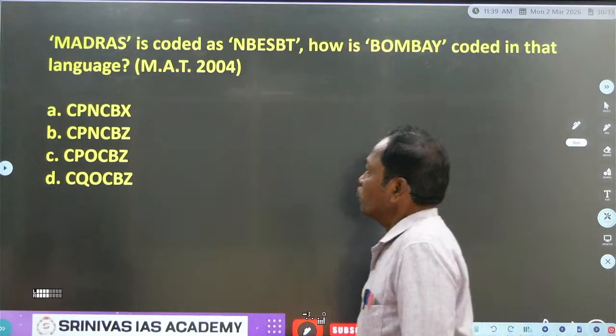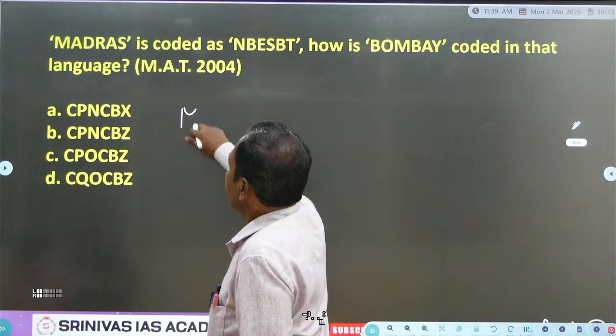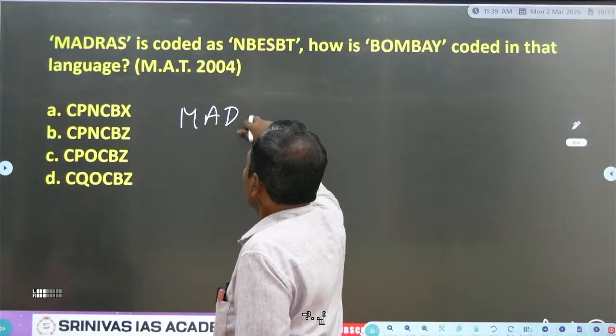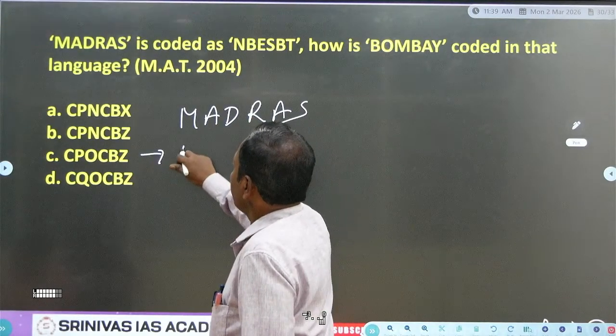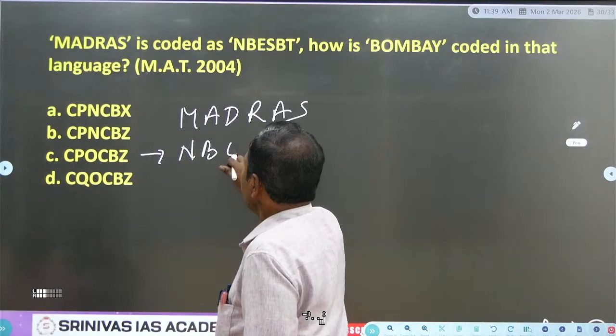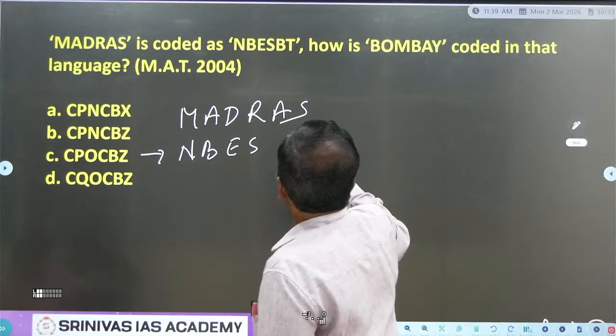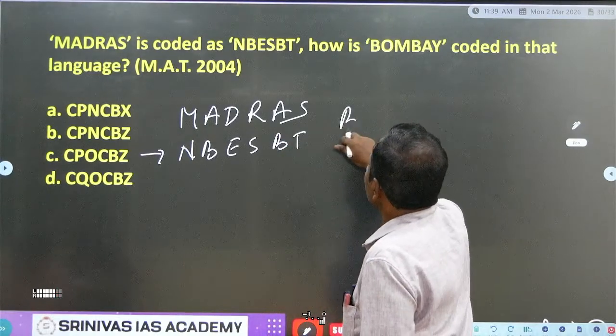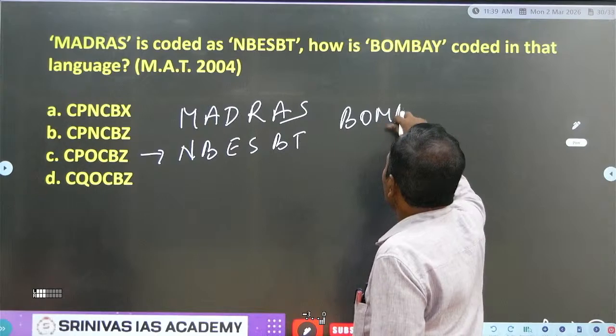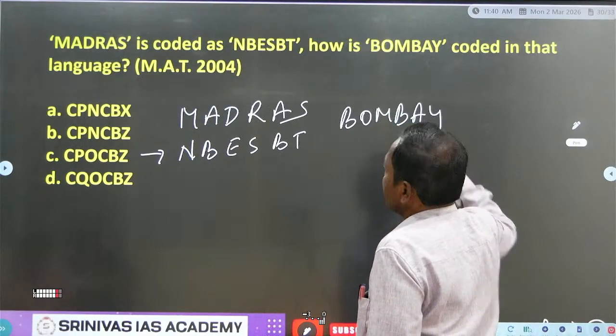Now MADRAS is coded as NBESBT. How is BOMBAY coded?